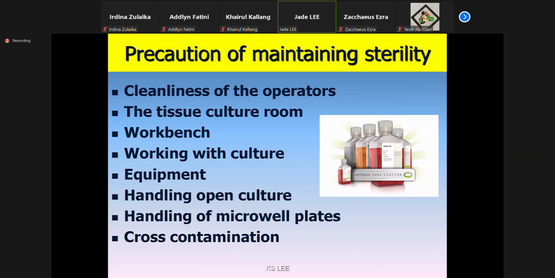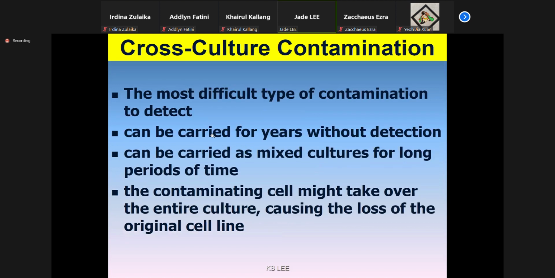Once your cell line is contaminated, there is a wastage of resources and also time in doing the experiment. How much time can you afford to let your cells be contaminated when you are chasing after a deadline and your schedule? Cross-culture contamination is the most difficult type of contamination to detect, especially when the cell line morphology is very similar.